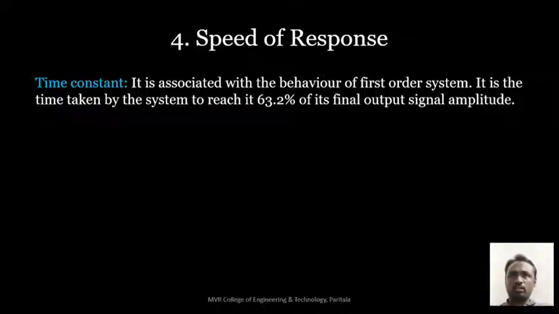You can see here also, the time required to first reach 63.2% of the final value is called the time constant.